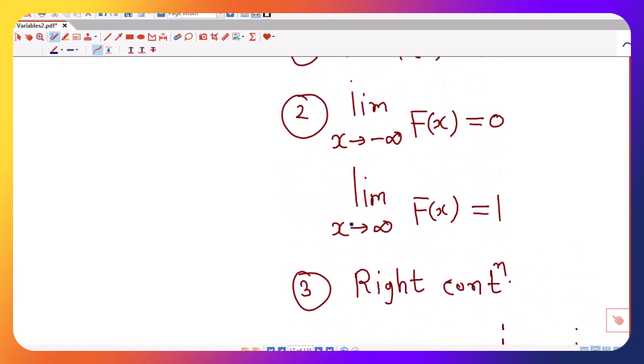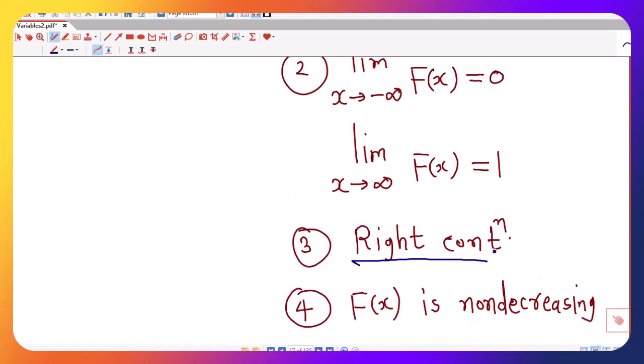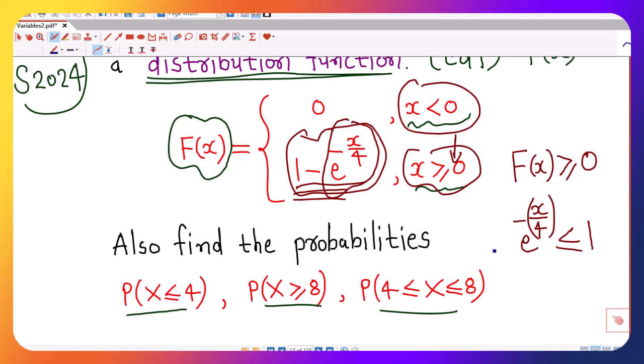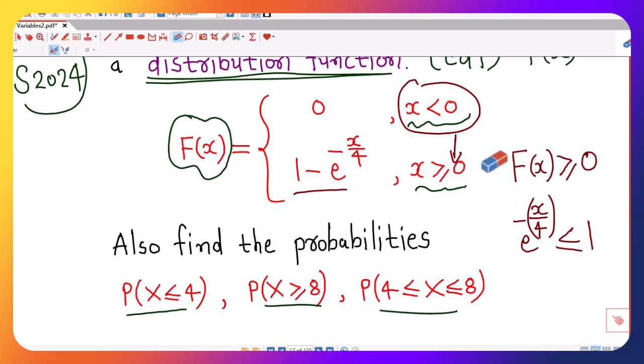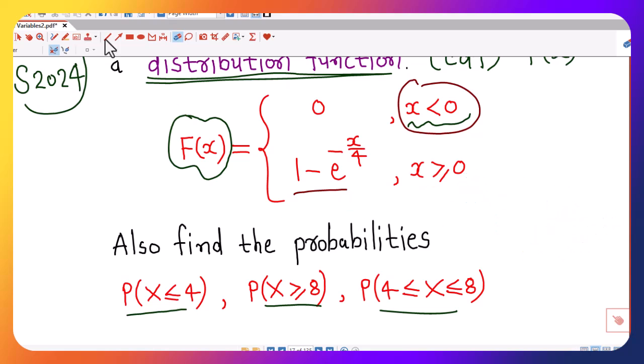What is third property? Third property is right continuity. Now here we can see that F(x) is different in different intervals. If x is less than 0, F(x) is 0, and if x is greater than or equal to 0, F(x) is given by this formula 1 minus e raised to minus x by 4.